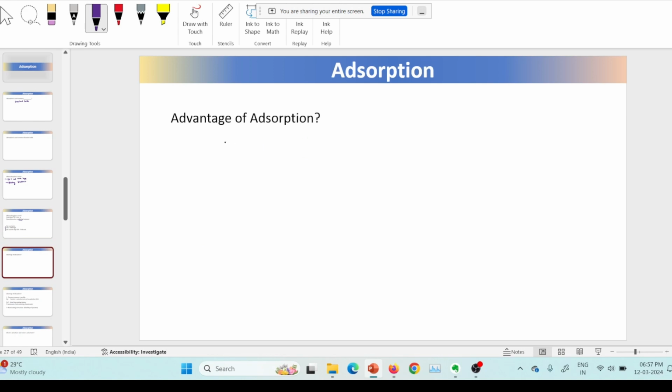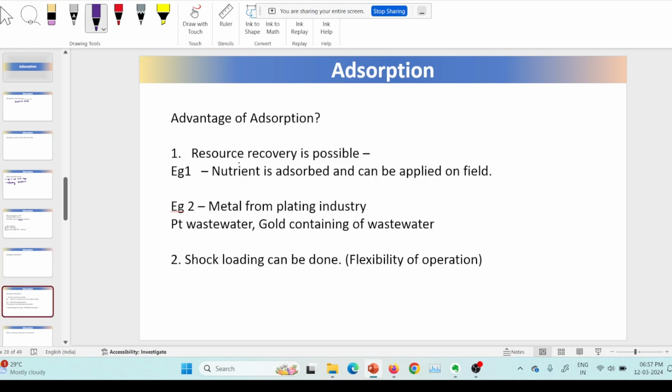So the advantage of adsorption is that resource recovery is possible. If we see our biological processes, resource recovery is most of the time not possible. Organics are in the form of sludge, and nutrients like nitrogen, if nitrified and then denitrified, will be converted to nitrogen gas.